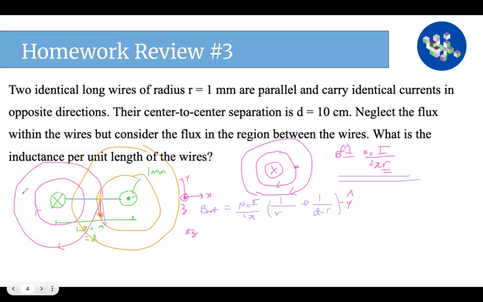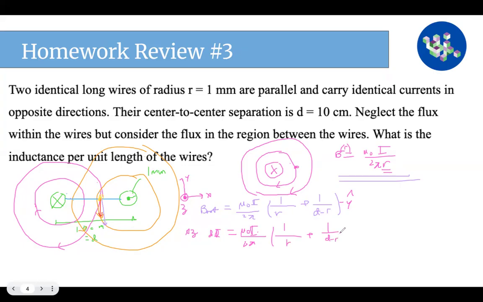So d flux would equal the B total times dx times dz. So it'll be mu zero times I divided by 2 pi, and then 1 over r plus 1 over d minus r.